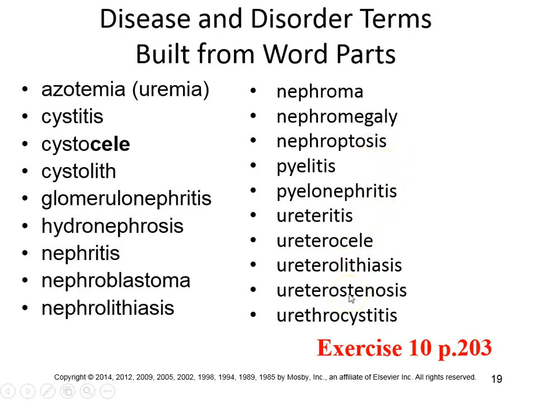And I'm not sure if we saw this, stenosis. Stenosis as a suffix means narrowing. So ureter stenosis would be a narrowing of the ureter, which can be a problem because that tube needs to be open to transport urine. If it can't do that, then that can lead to all kinds of problems. So take a look at these a little bit in more detail. Work on exercise 10 on page 203, and then we can move on to the ones not from word parts.